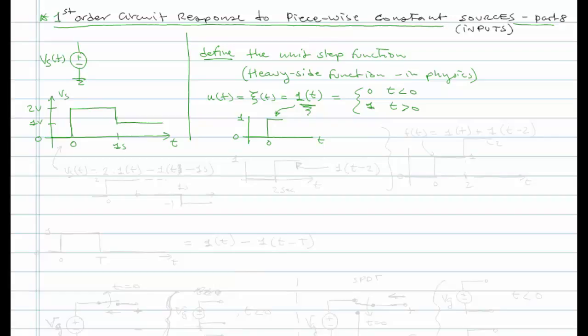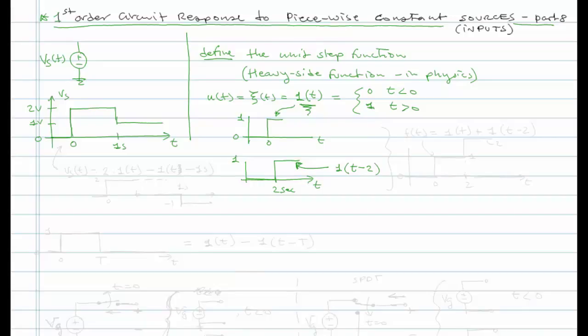So before I do that, let me bring up a slightly different function here. Let's say it is a unit step, but when it steps to 1, it actually steps at the time 2 seconds. How would we describe that function? Could we use the unit step to describe that? The answer is yes. We can say it is equal to 1 of t, and then it's shifted. It's delayed by 2 seconds. So this is 1 of t minus 2.